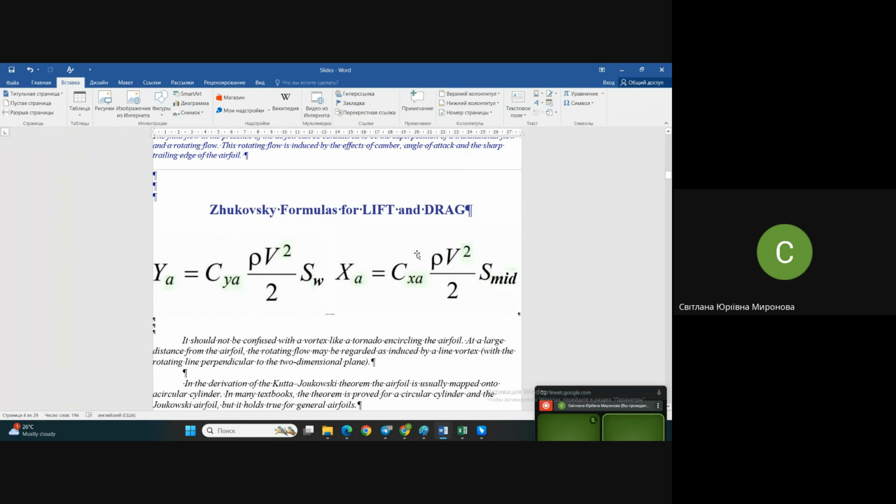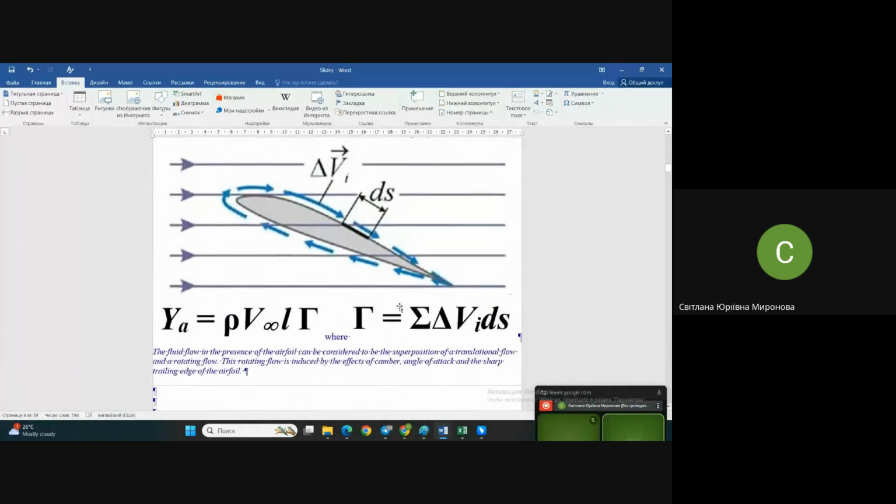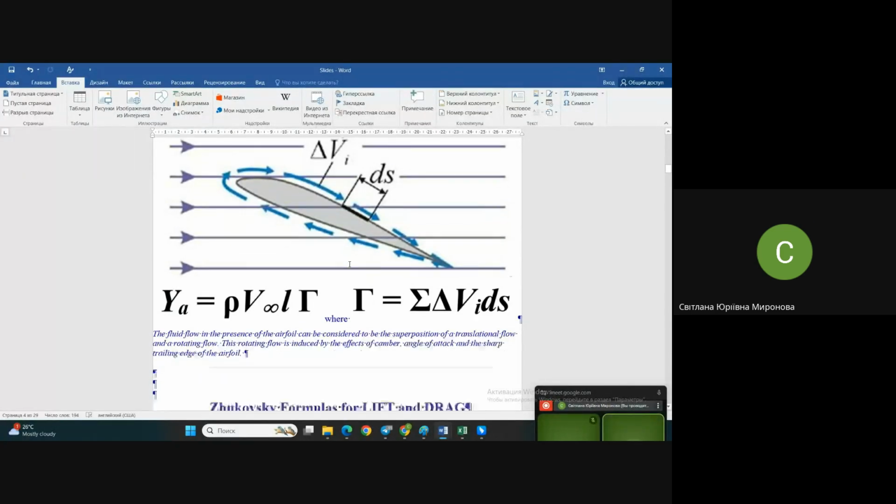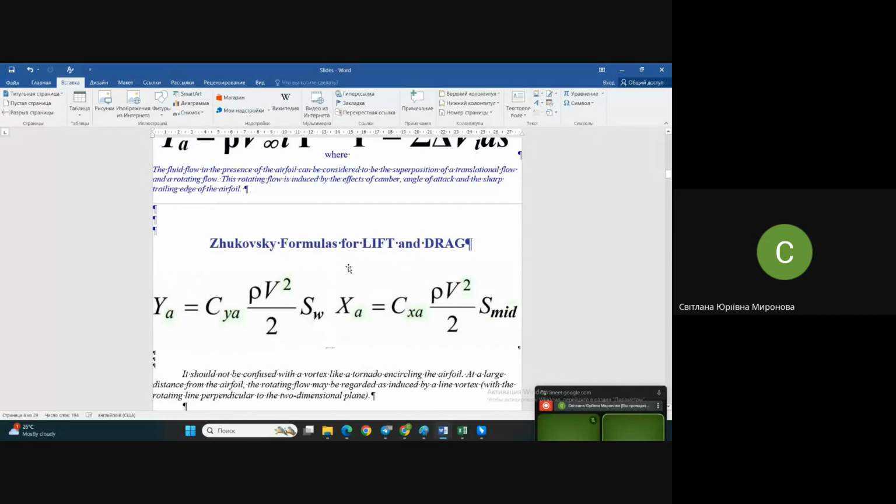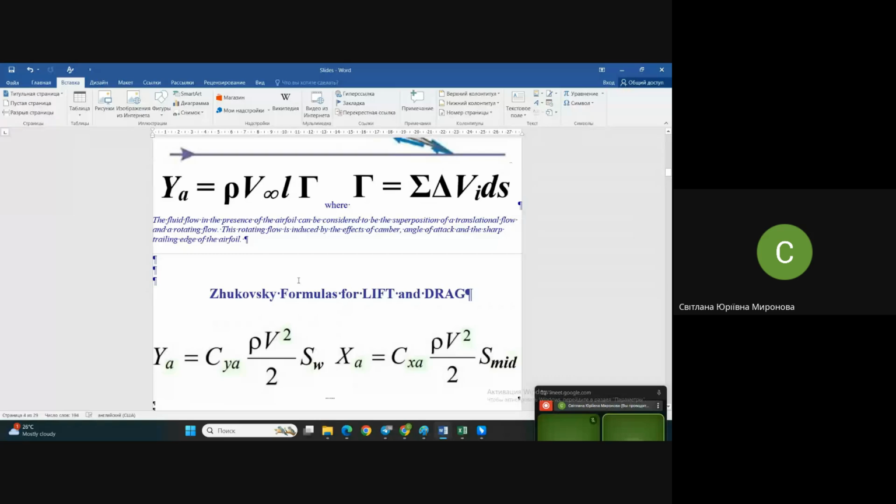We have a dimensionless coefficient and the so-called middle cross-section. If it comes to the real wing, not the endless wing, by the way, these formulas are for an endless wing, so for the theoretical case of flow. And it concerns the horizontal and vertical areas of this endless airfoil.